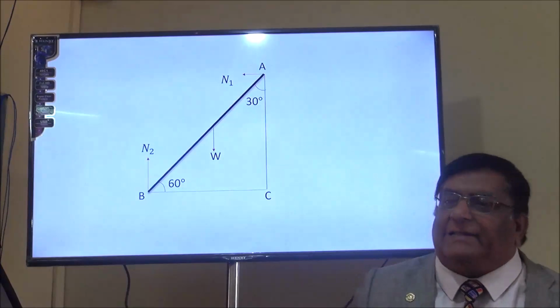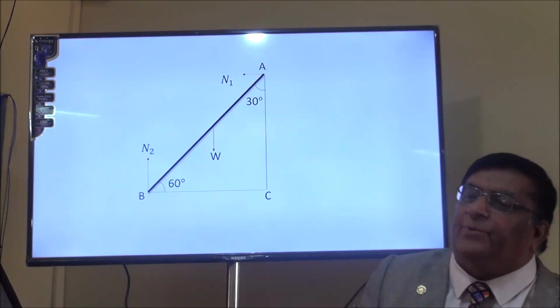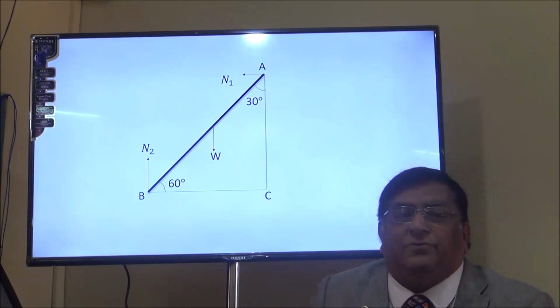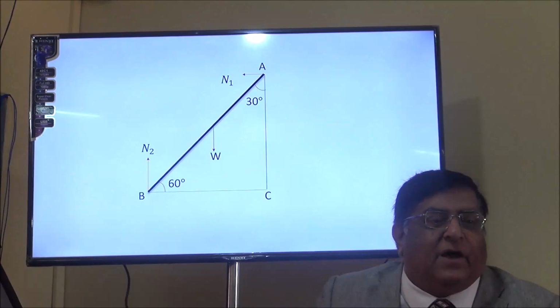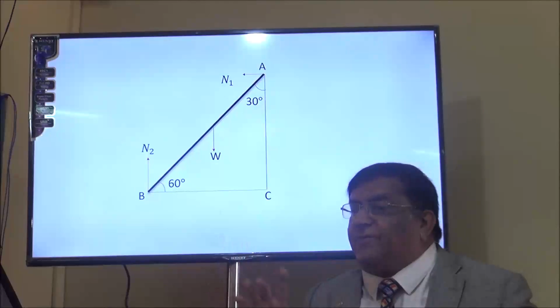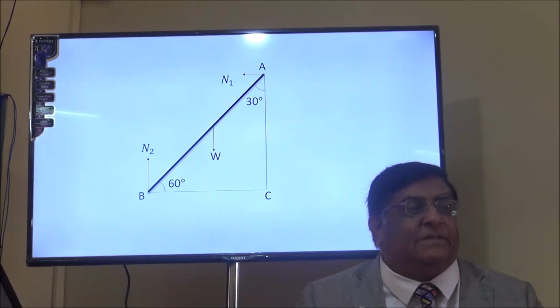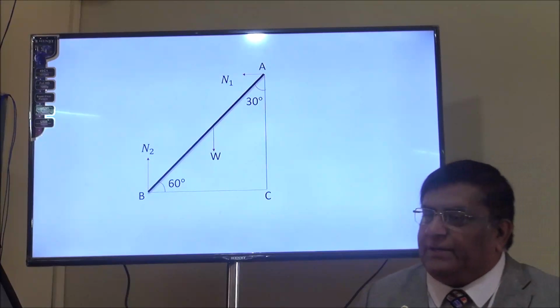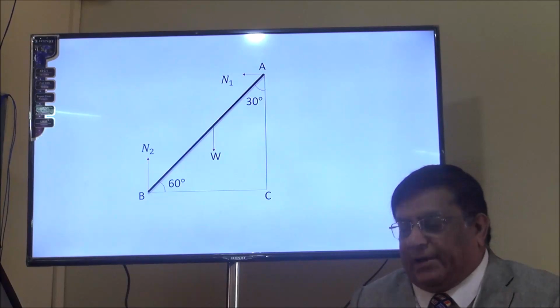Right? And that friction is equal to how much? Mu into R. So, that mu we are being asked. How much should be the value of that mu here? If it is rough sufficiently, then it will hold, otherwise it will slip. We all know that. So that mu we are supposed to find out.